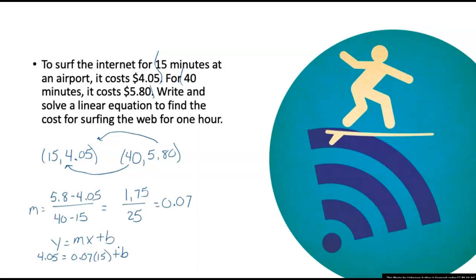So 7 cents times 15 is $1.05. So $4.05 equals $1.05 plus b. So when I subtract that $1.05 from both sides, I now know that my b is going to equal 3, right? So here's my equation. y equals 0.07x plus 3.